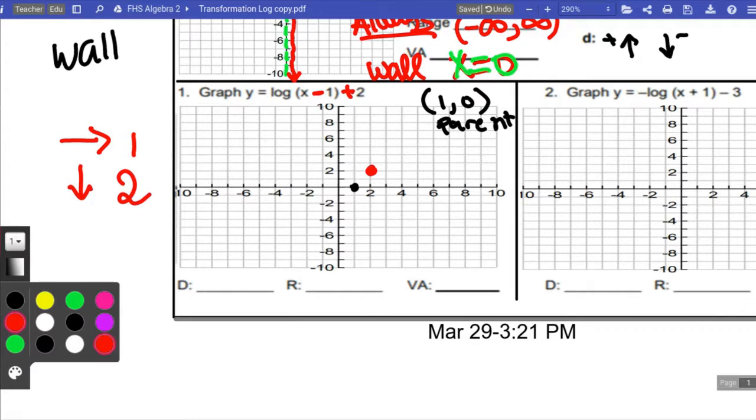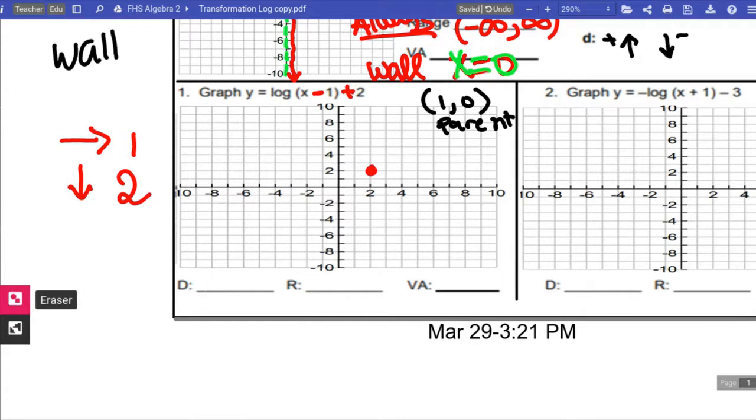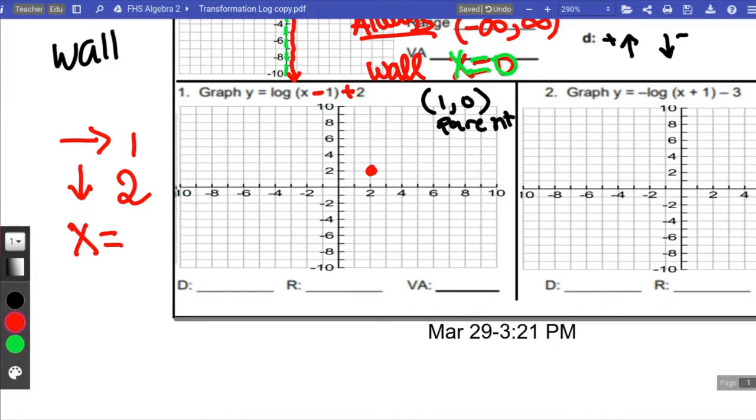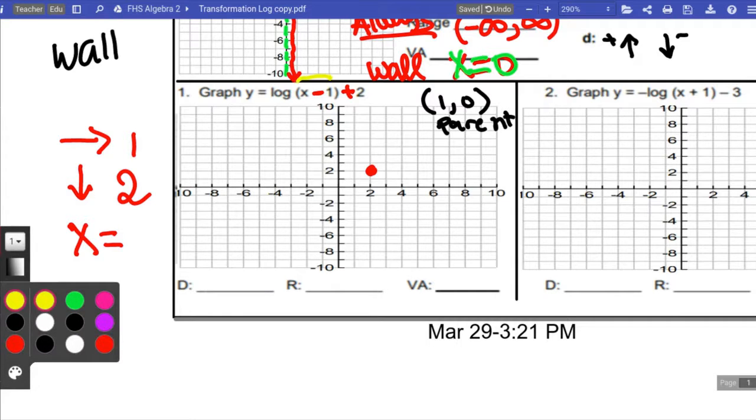Let me get rid of the old one. Also, where would my wall, my asymptote, be located? It would be the opposite of what's inside.